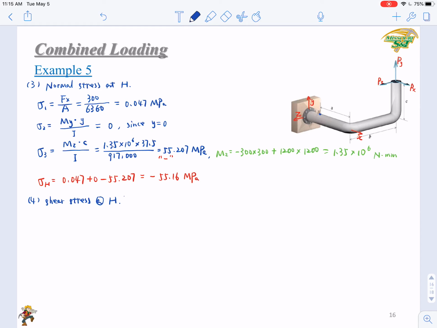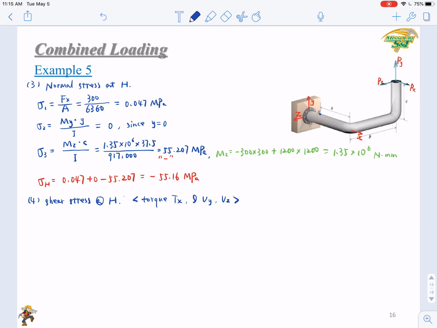So here we need to examine three things. Okay, you just need to examine these three things.